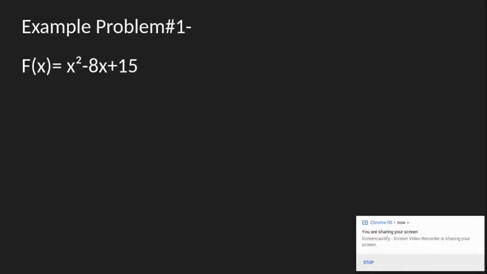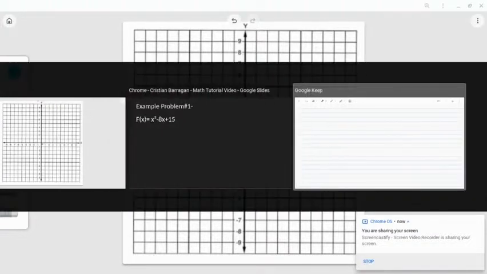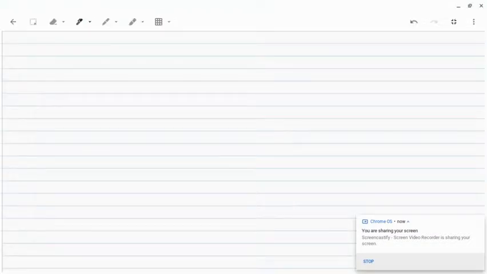So here's my example problem number 1. f of x equals x squared minus 8x plus 15. So first of all, you're going to label a, b, and c. Like I said, this is not a necessary step, but it does help.